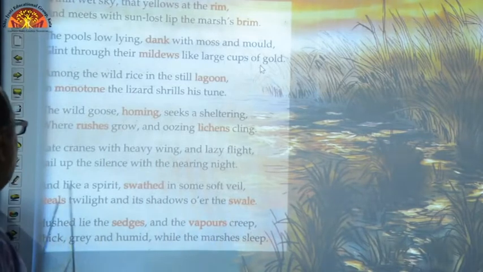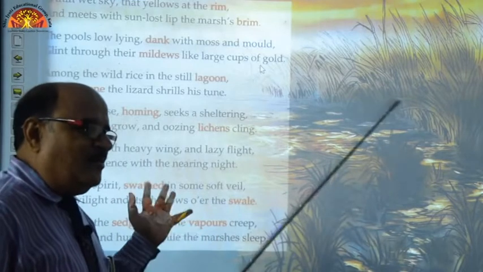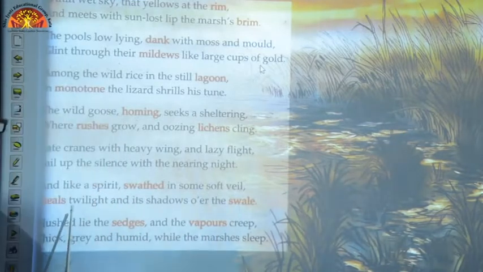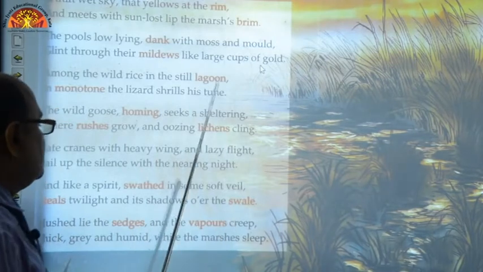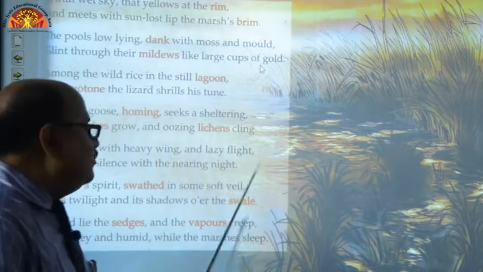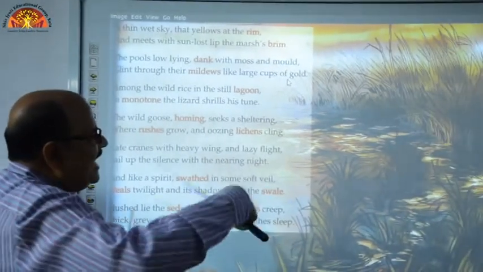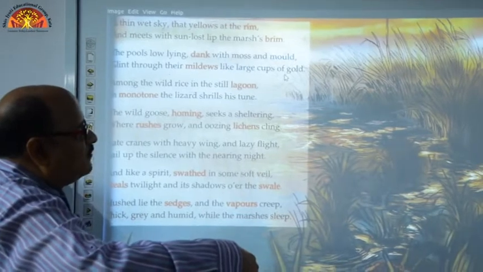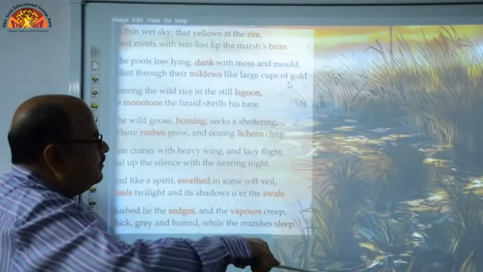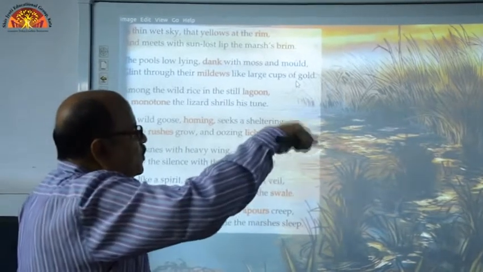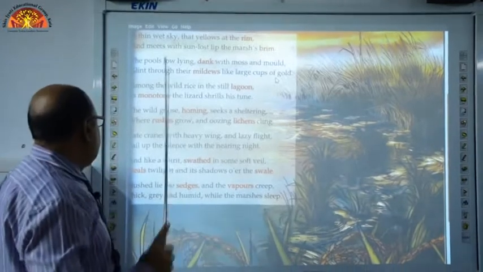Still twilight and unnoticed means nobody will come to know when it got dark. Twilight and its shadows over the swale, over the marshy area, the whole marshy land will be covered in the dark of night time, and it will be known as a dark piece of land. Earlier it is known as a golden piece of land, but now it is known as the dark piece of land.